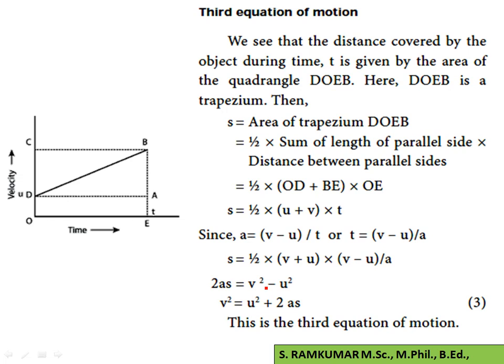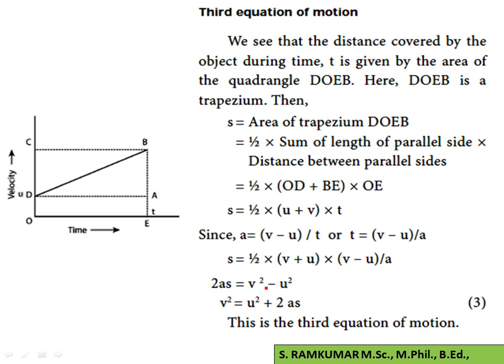Then, s equals area of trapezium DOEB, which is equal to half into sum of length of parallel sides into distance between parallel sides, which is equal to half into OD plus BE into OE. s equals half into u plus v into t.